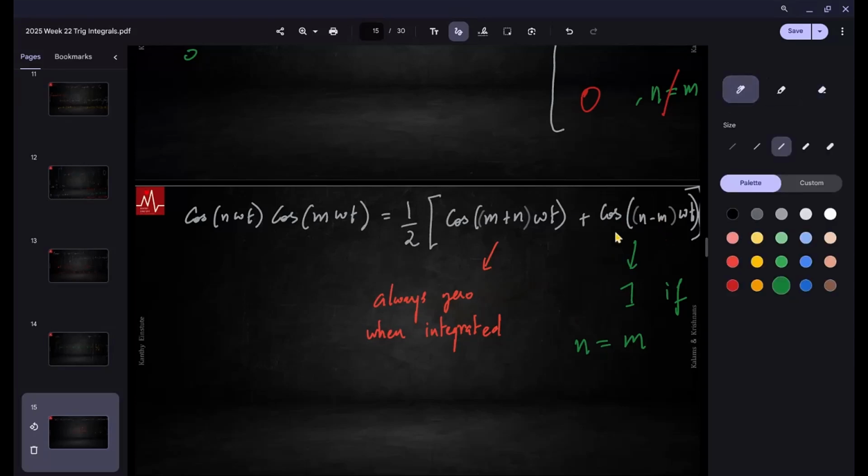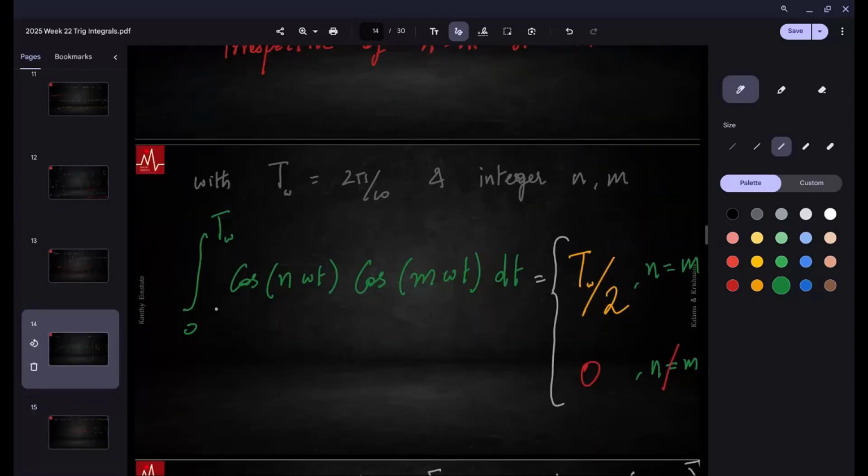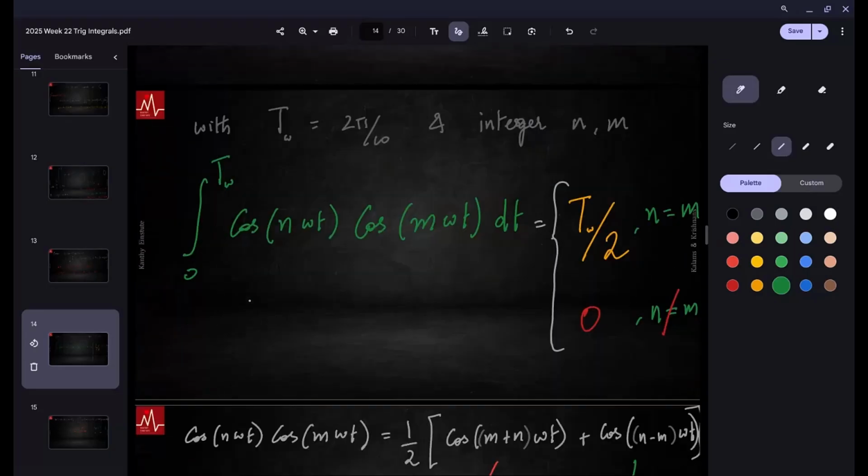When n equals m, this is cos 0, that is 1. So the term inside the integral is 1 by 2. If you integrate 1 by 2 from 0 to T, you'll get T by 2. Right? You are integrating a constant, so just the limit will show T minus 0 by 2, T by 2.